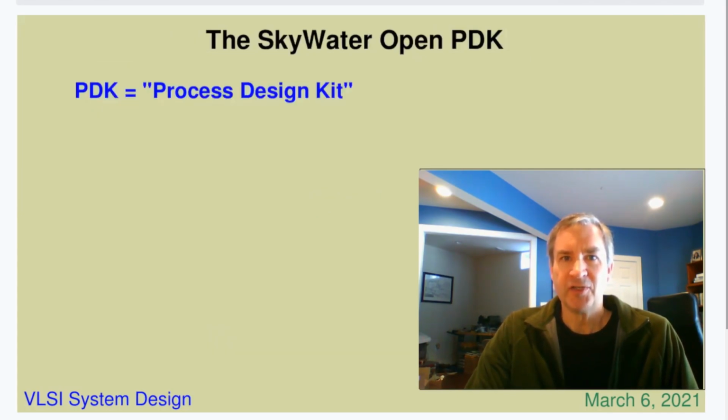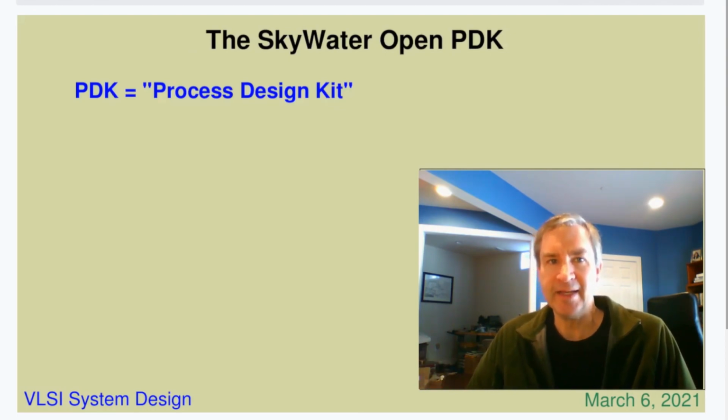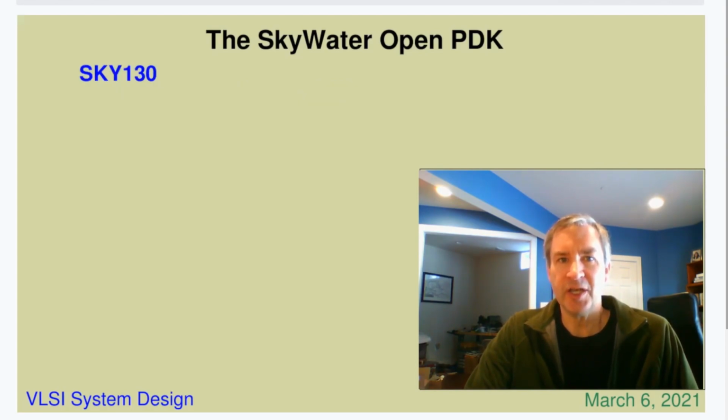First, I would like to describe the SkyWater Sky130 silicon fabrication process and Open PDK. In case you're not used to working in chip design, PDK stands for Process Design Kit and is a bundle of files and documentation that is needed by a chip designer to know how to work with a particular process foundry and use it to make chips.